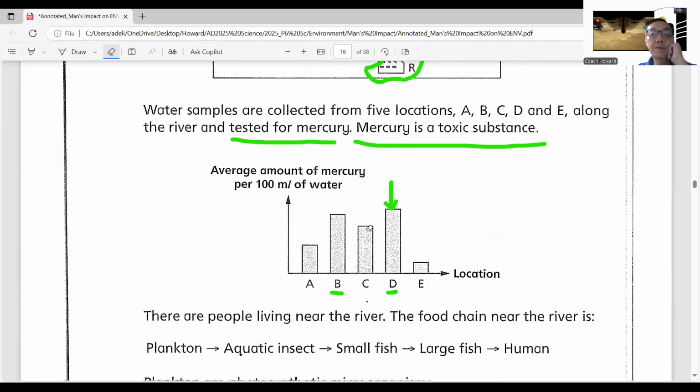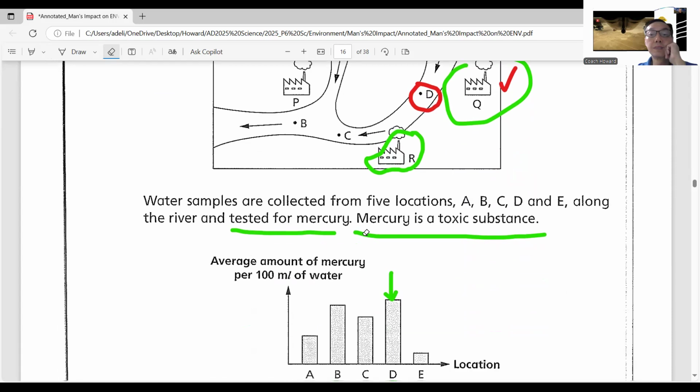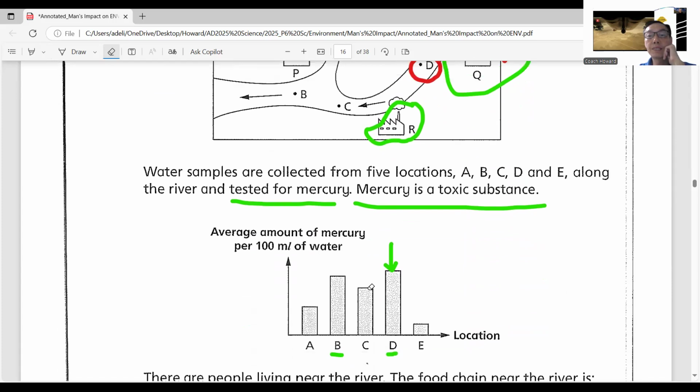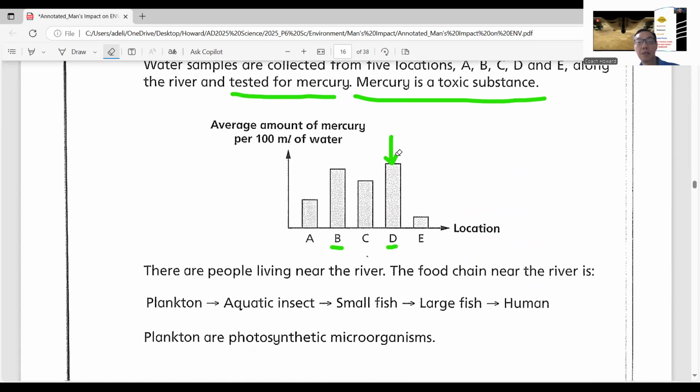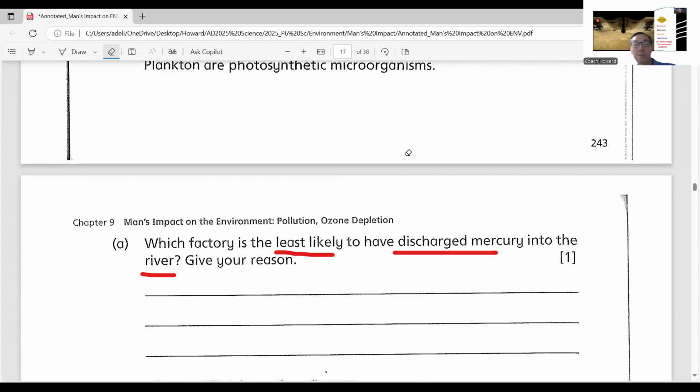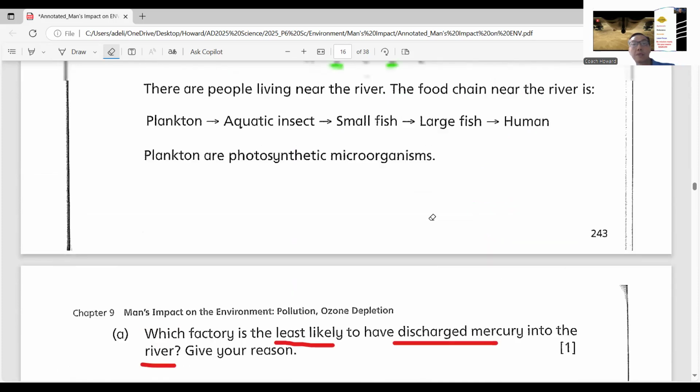Because C, can you see, C is lesser, correct? The amount of mercury at C is lesser. So that means this one is quite unlikely to dispose of mercury. So there is factory R. Okay, factory R.